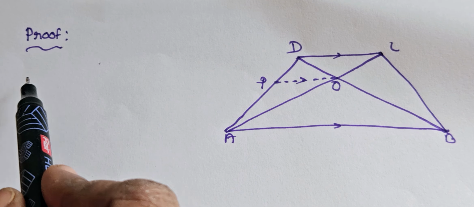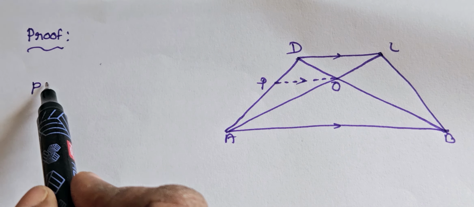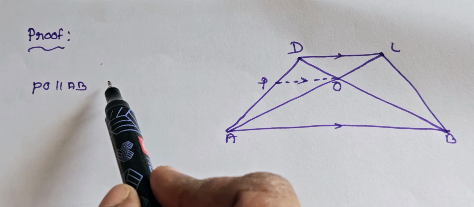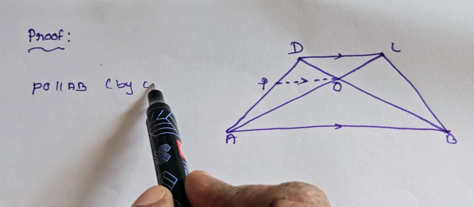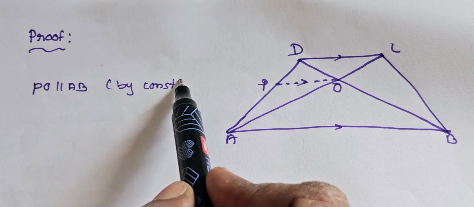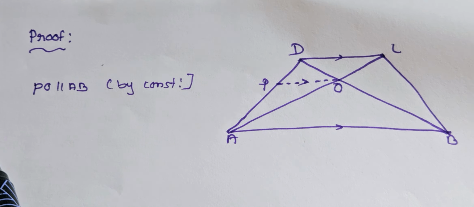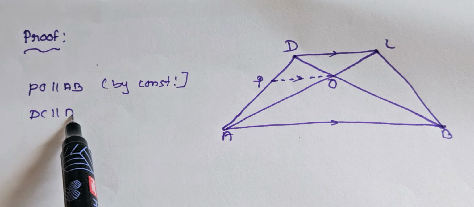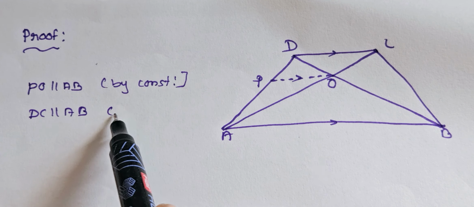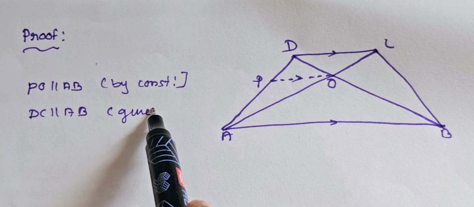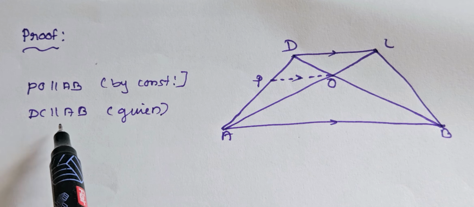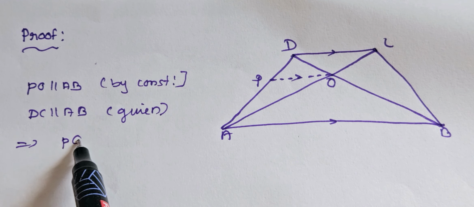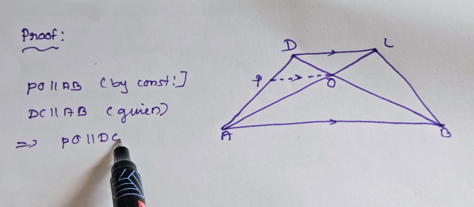Proof. PO parallel to AB, reason by construction. But DC is parallel to AB, reason given. It is given that DC and AB are parallel sides. From these two we get PO parallel to DC.